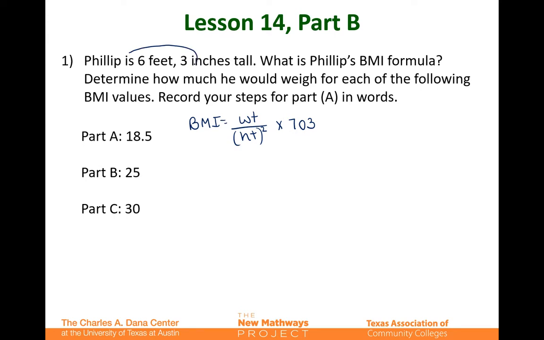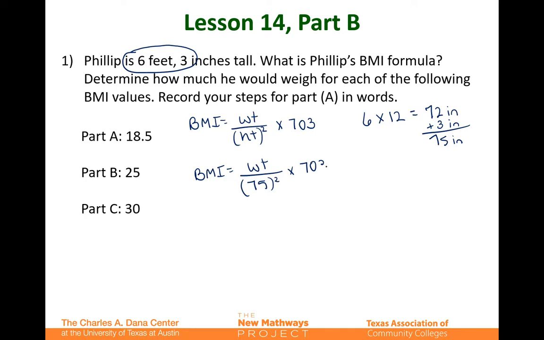So 6 feet 3 inches tall. Well, 6 feet, to change that to inches, I have to multiply it by 12, is 72 inches. Since he is 6 feet 3 inches, we see he is 75 inches tall. His BMI formula is his weight divided by 75 squared times 703.